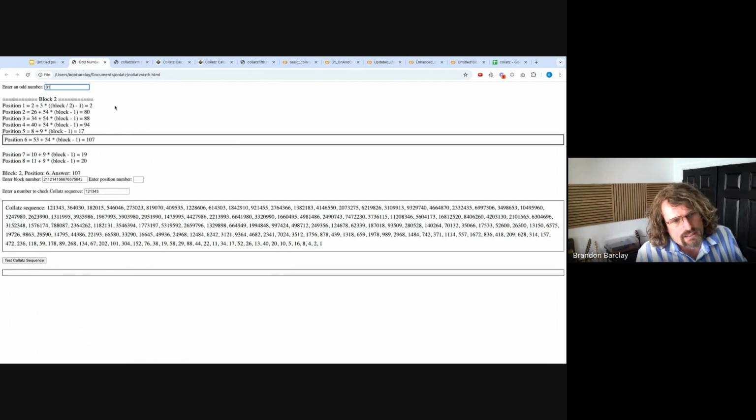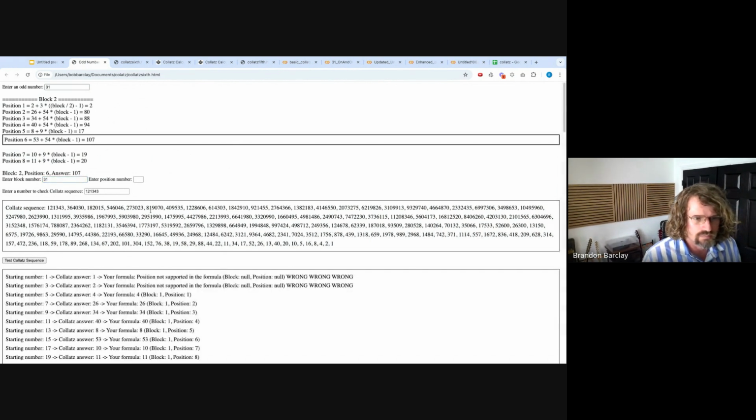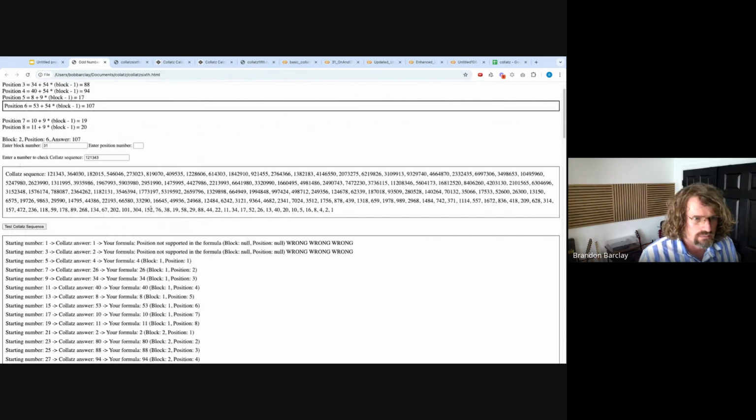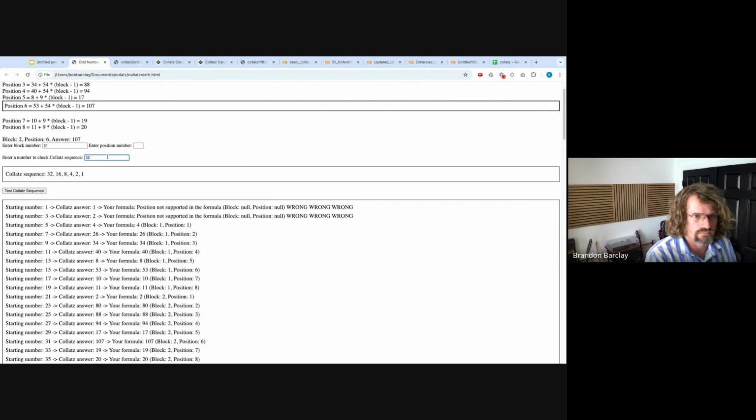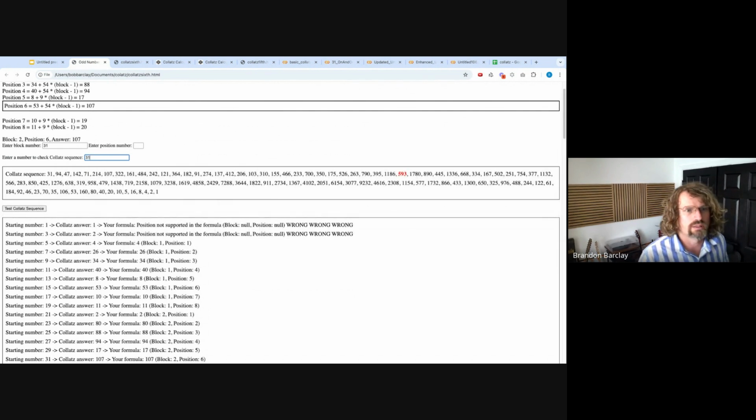When I plug 2 into here, 2 minus this, and then do this formula here, it comes out to 107. You can check it, but it does. Then if I plug that in down here and check it, 31, yes, 107.